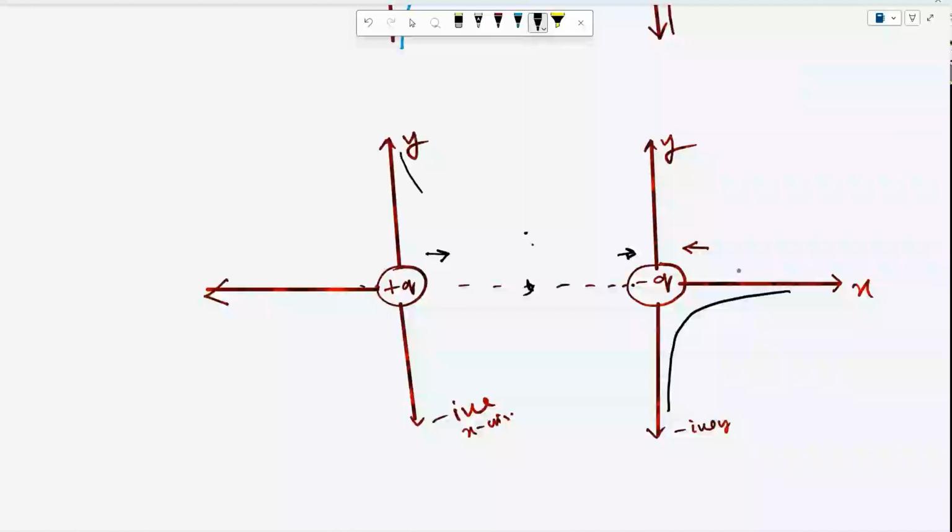So the graph will be approximately like this. Alright. Here it is the resultant of field created by plus q and minus q. Here the field is positive quantity, that's why it is taking the shape of this. Here it is along negative y-axis, that's why it is taking the shape like this.